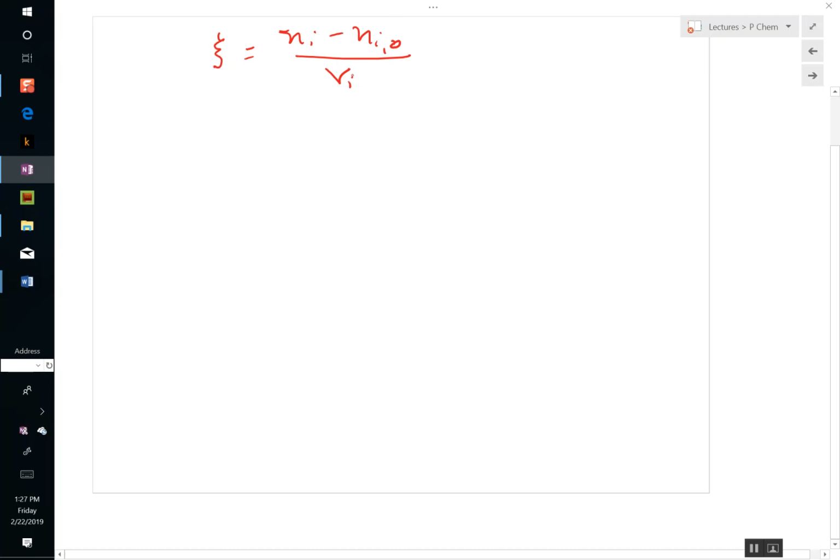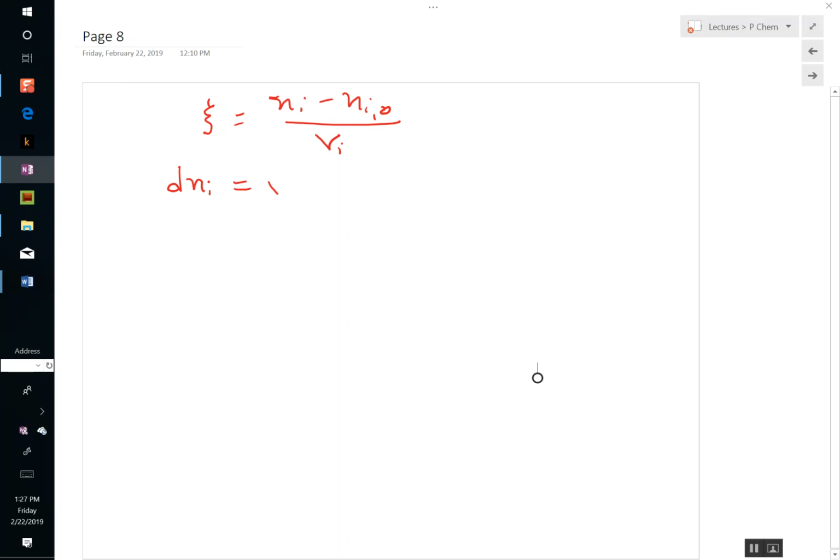Now, if we look at it on an infinitesimal change basis, with many small incremental changes in the moles, dn_i can be equal to nu_i, the coefficients from the equation, times the infinitesimal change in the extent of the reaction.